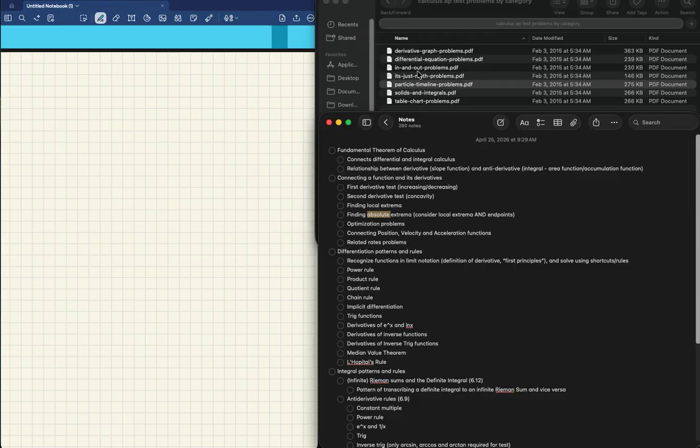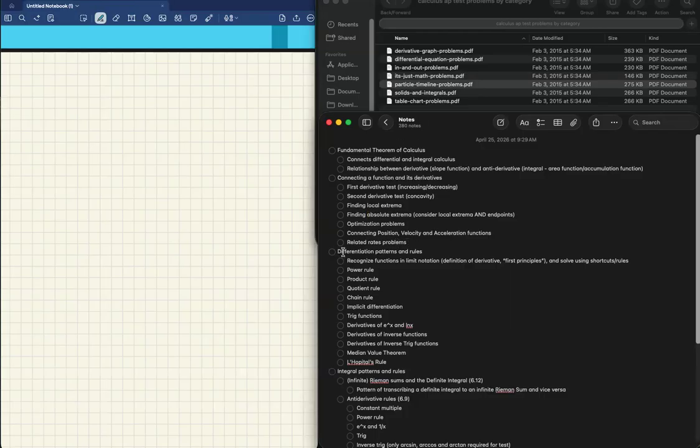This doesn't really have its own category here because it's usually not a main topic of a free response question, although in a sense there is this differential equation problem that can play into that, and we'll go over that in particular there.